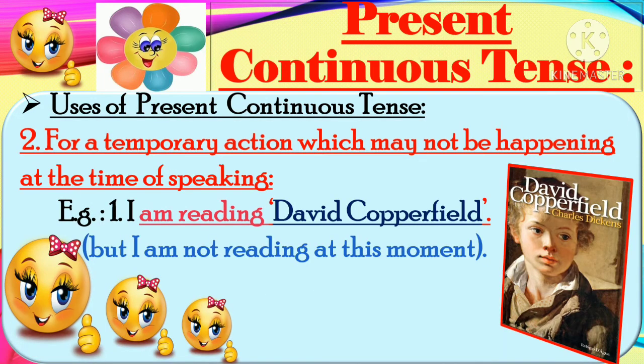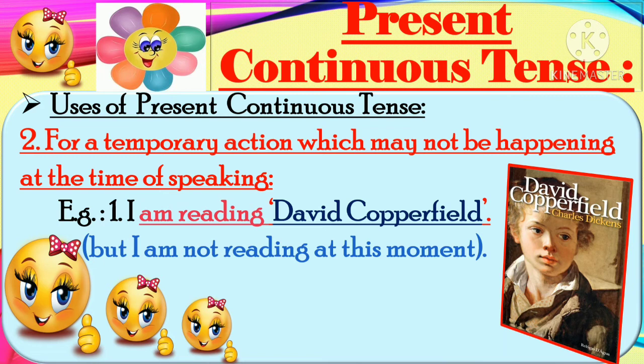Present continuous tense is also used to talk about a temporary action which may not be happening at the time of speaking. For example, I am reading the David Copperfield novel. That means I started reading the novel, but I am not reading at the time of speaking. Let me give you another example.